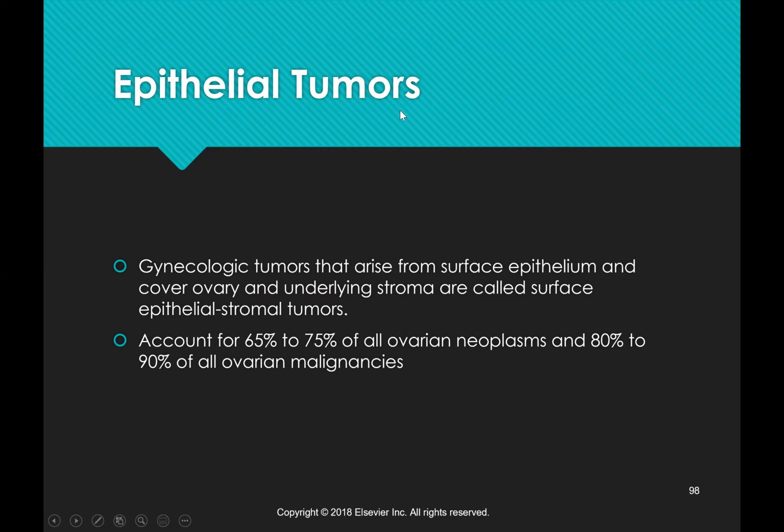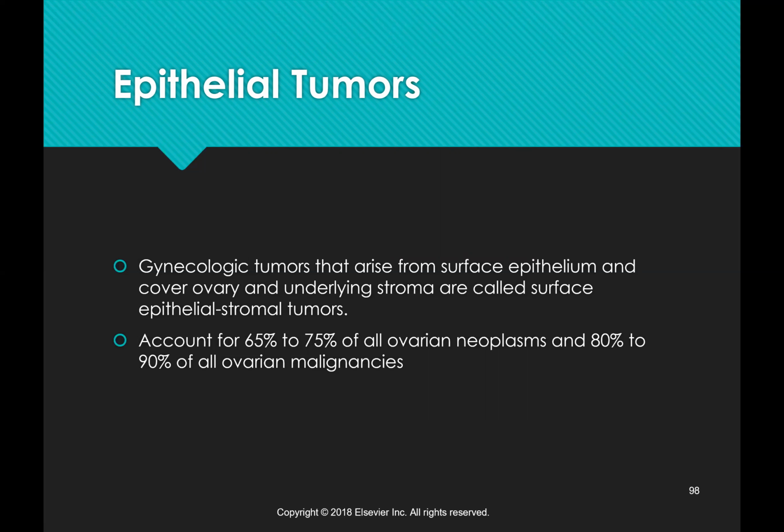So epithelial tumors are the first thing we're going to talk about. And I highly suggest when you do your presentation on a serous or a mucinous cystadenoma, because they are very interesting. They account for about 65 to 75% of all the ovarian neoplasms, benign and malignant, and 80 to 90% of ovarian malignancies.